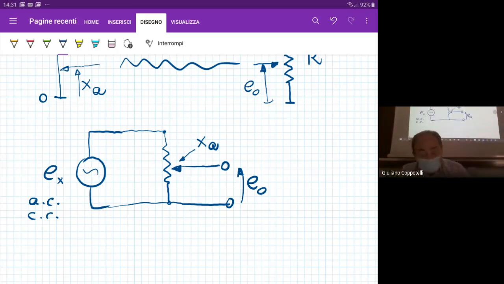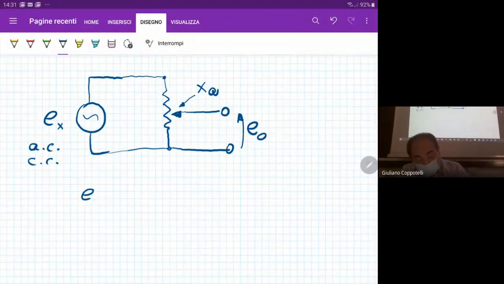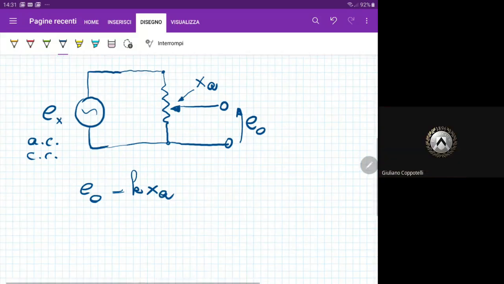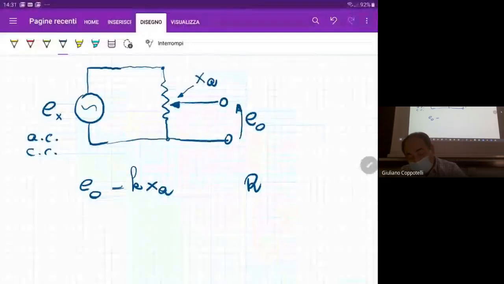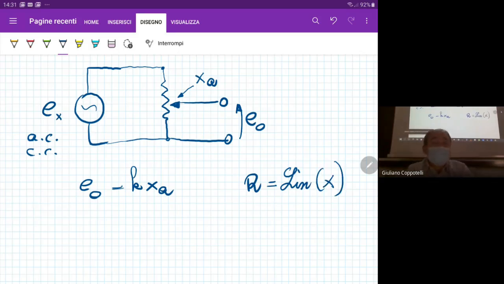From the practical point of view, what I can say is that your output tension, EO, is linearly related to the unknown displacement XA. That's because the resistance of the potentiometer R is a linear function of your actual displacement.